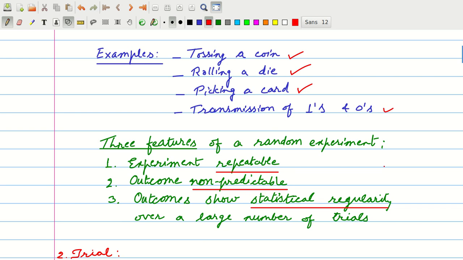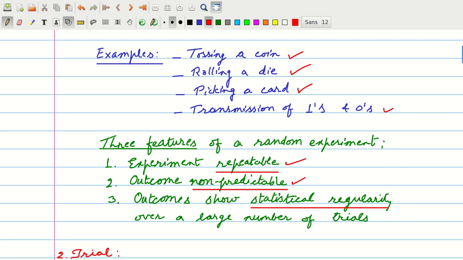If we consider, for example, the tossing of a coin, we can keep on repeating the experiment a large number of times, therefore the experiment is repeatable, and every time it is not known a priori whether the coin will show up heads or tails, and therefore the outcome is non-predictable.